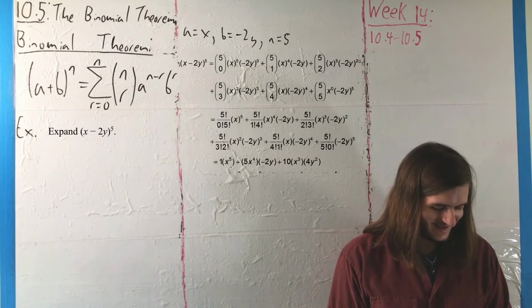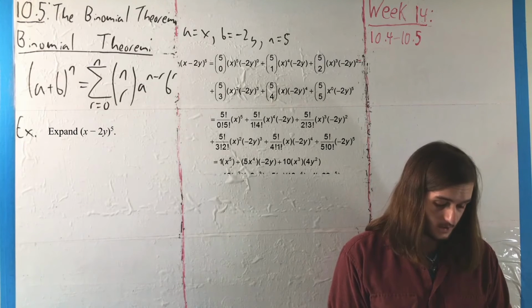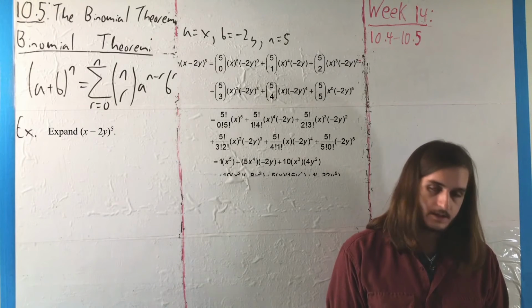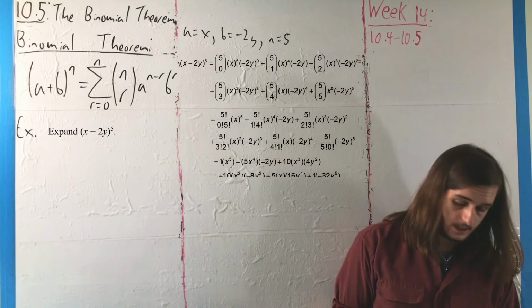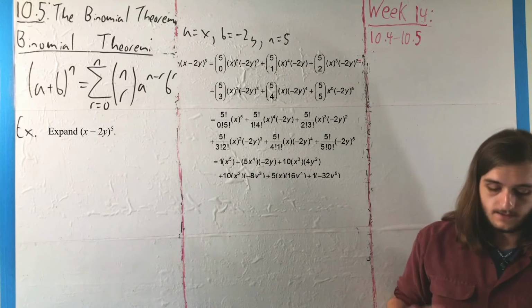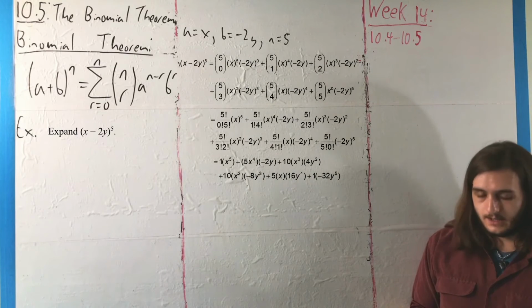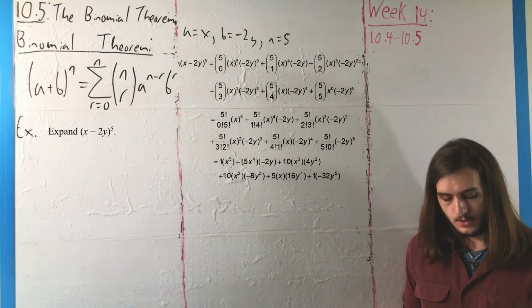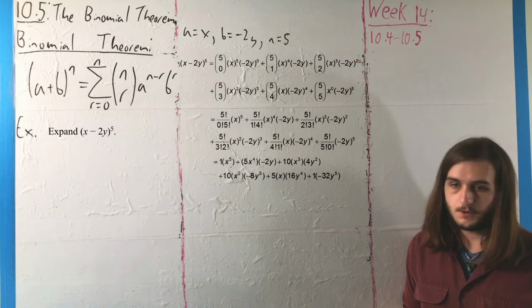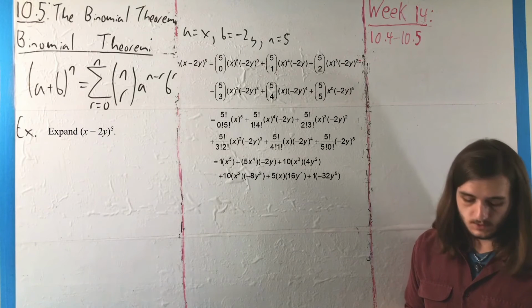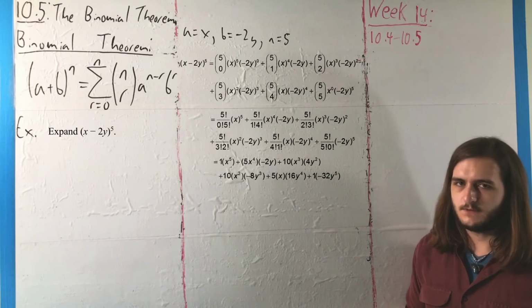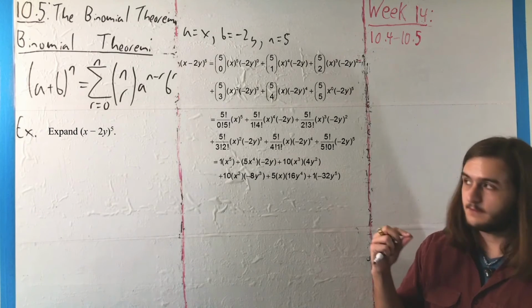Then the 5 choose 3 also becomes a 10, where we will have x squared and then negative 8y cubed. Then we have a 5 for 5 choose 4, x, and a 16y to the fourth. And then finally, we have 1 for both 5 choose 5 and x to the 0, multiplied by negative 32y to the fifth power.